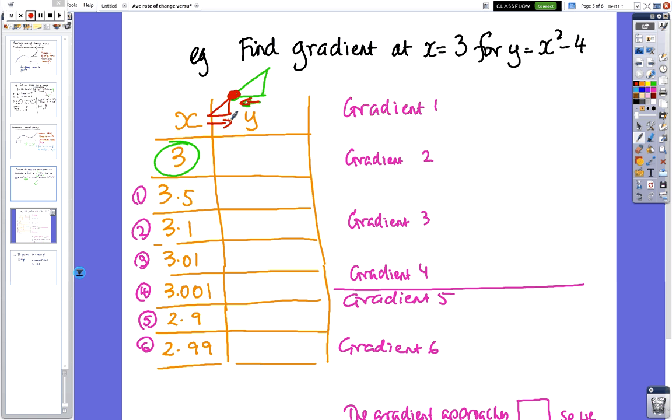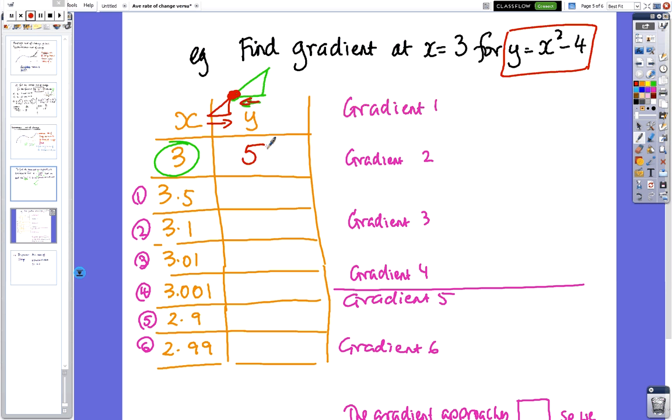So I've still got the same function, x squared minus 4, and we're just going to use our calculator. When we have 3 squared, 9 minus 4 is 5. So the first value is 5.